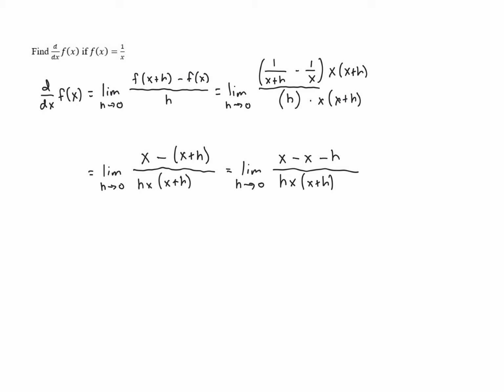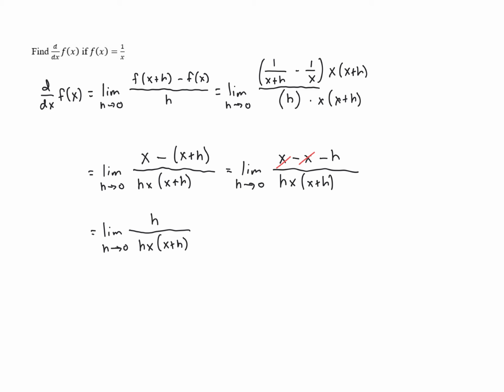And then from there, we can cancel out the x's because we've got a positive x and a negative x. x minus x is 0. So we've got the limit as h approaches 0 of just h over h times x times x plus h.